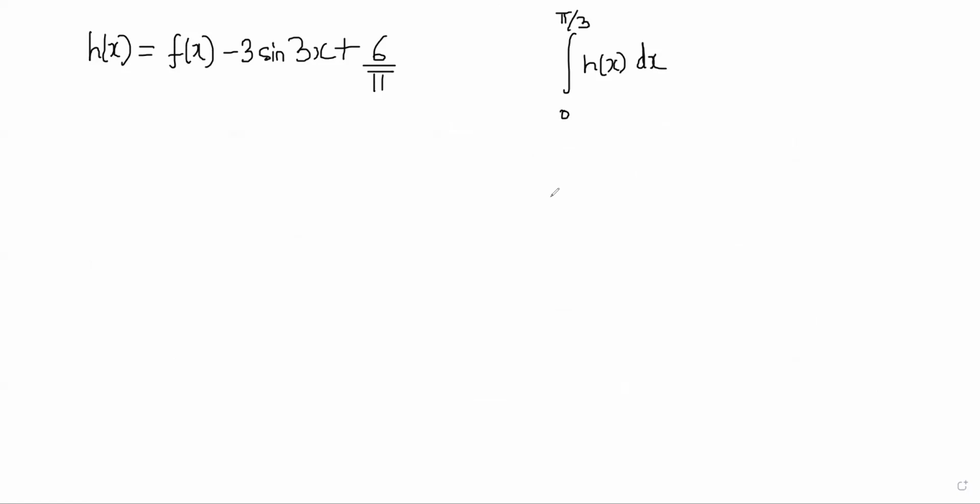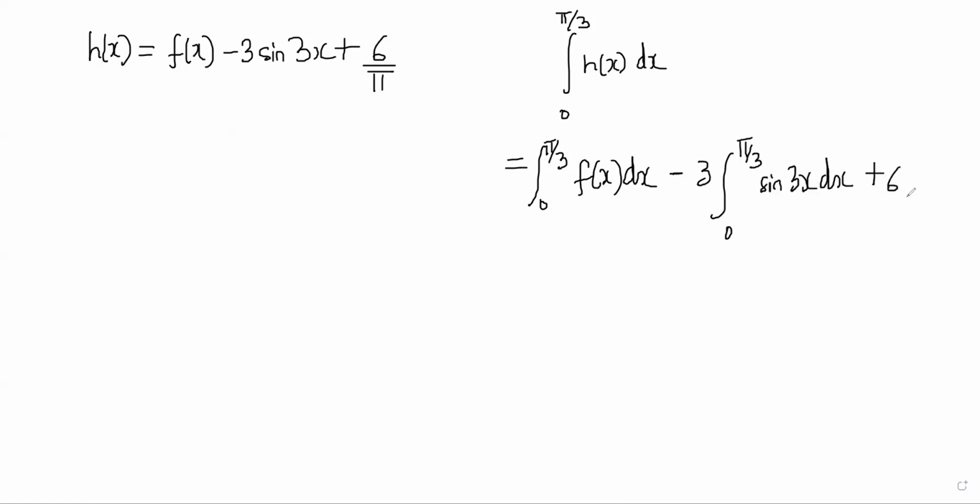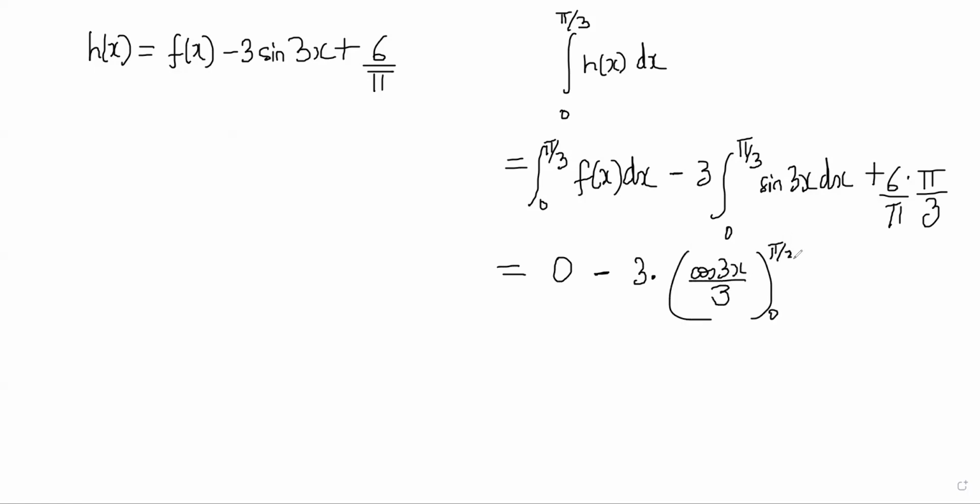So this will become the integral from 0 to pi by 3 of f of x dx minus 3 times the integral from 0 to pi by 3 of sine 3x dx plus 6 by pi into pi by 3 after integrating 6 by pi. So this part is 0, this part is minus 3 times cos 3x by 3 evaluated from 0 to pi by 3, and this part is basically plus 2.